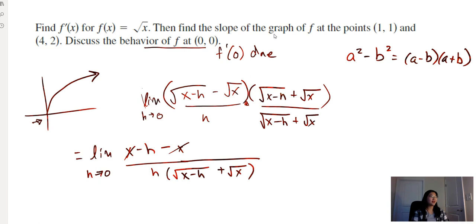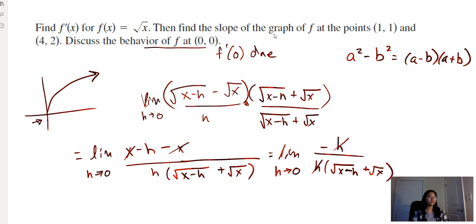Alright, so now we have limit as h approaches 0 of negative h over h times root x minus h plus root x. And now the h's cancel, so I'm left with the limit as h approaches 0 of negative 1 over root x minus h plus root x.